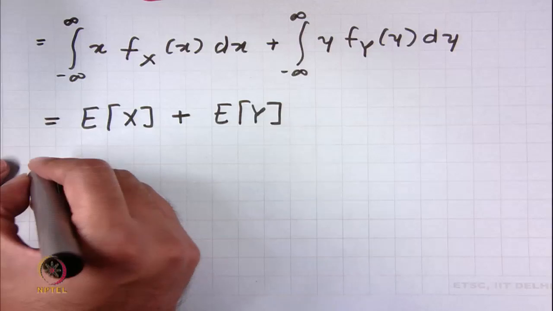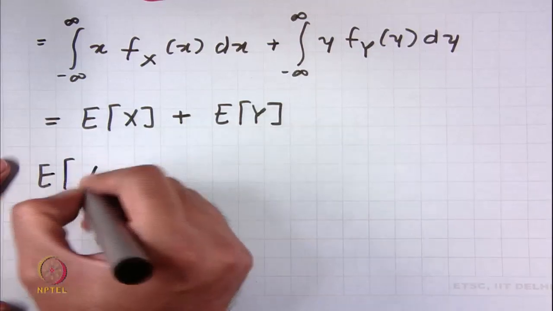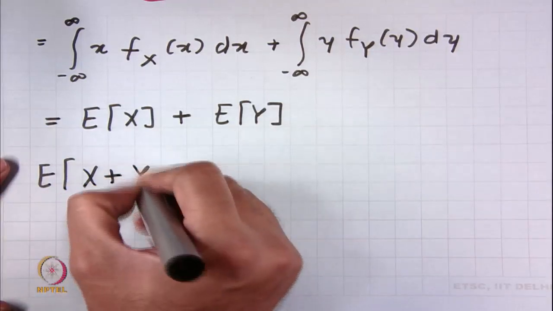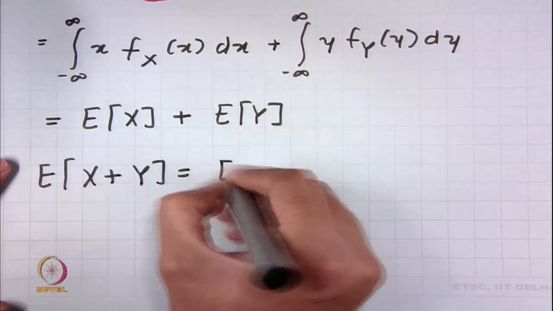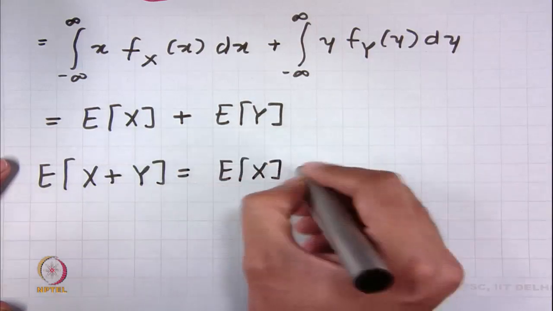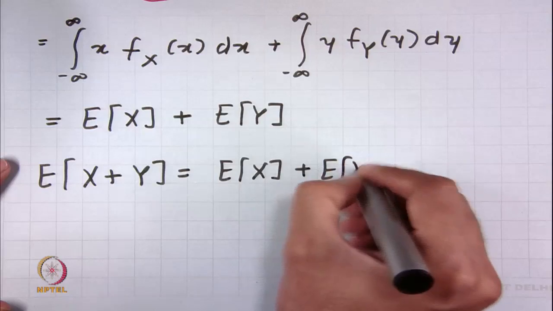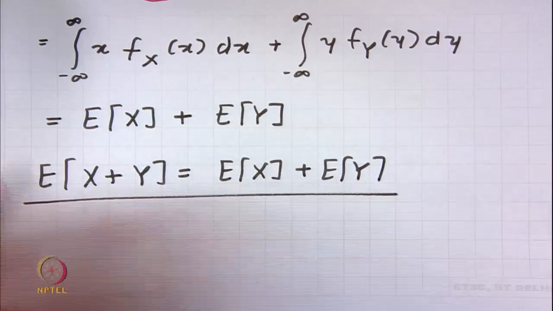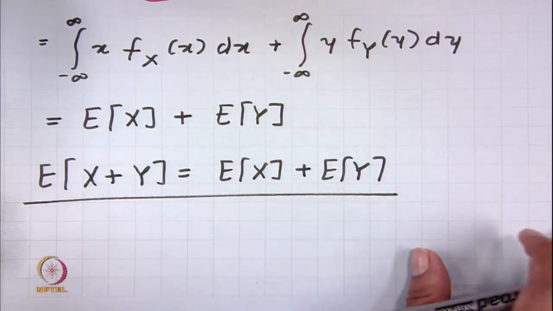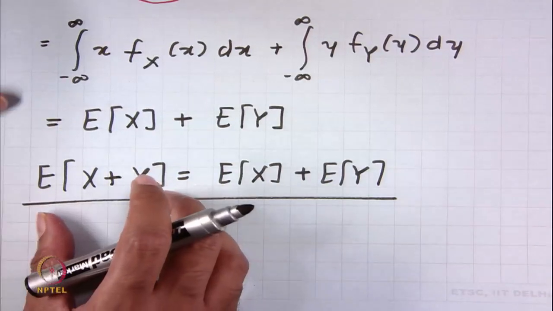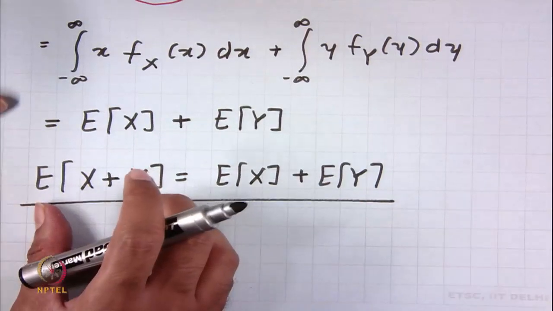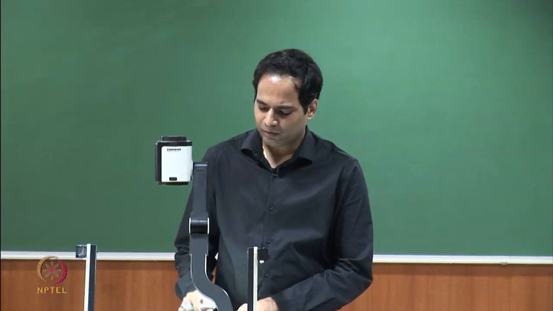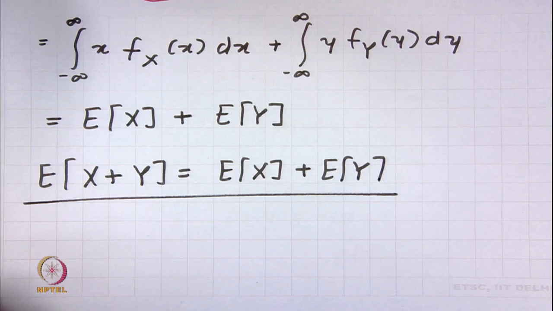So, what we are saying is the expectation of the random variable x plus y is nothing but the expectation of x plus the expectation of y. That means expectation is a linear operation. We have not said anything about whether these random variables are statistically independent or any other thing; this is for any random variables, howsoever they are related.